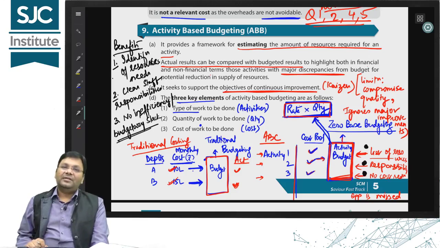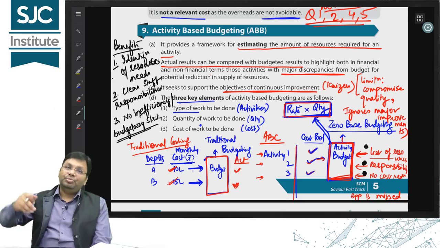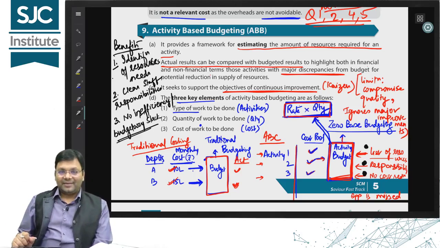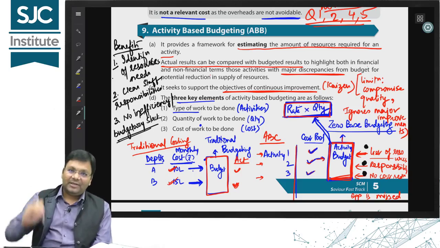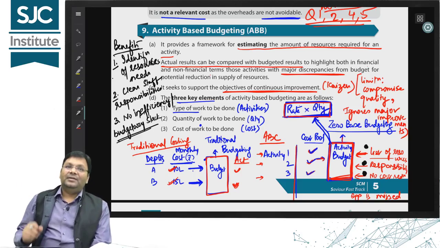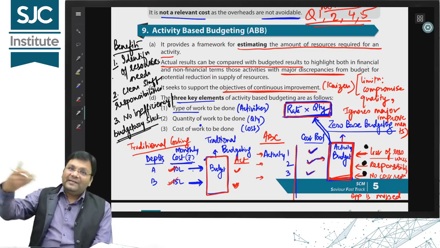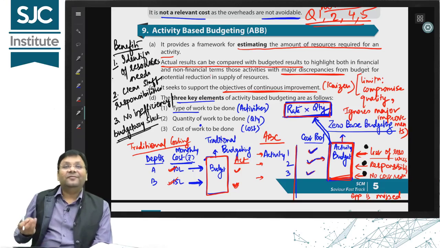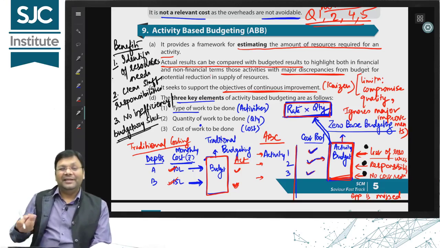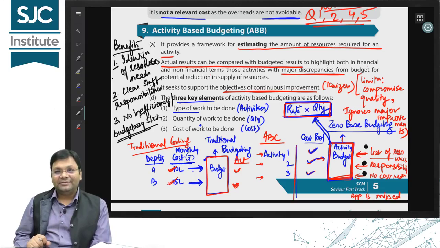Now the question is, why will they inflate? Because they know that the management is going to push them to be within the budget. So if they have inflated their budget, it will be easy for them to execute their work, and if they can save something, they can put it in their pocket.